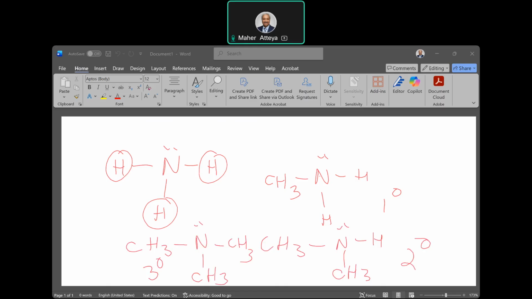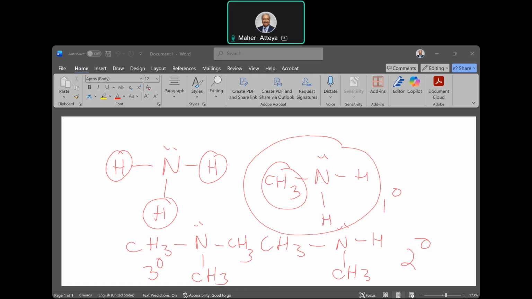Now, naming the amines, you always name the alkane they came from, and then you end up with amine itself. The common name is easier to name. So suppose here I will say this is methylamine. That's a common name. Methyl what? Amine.